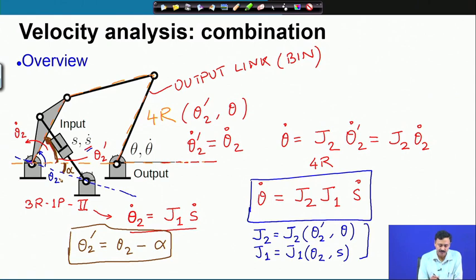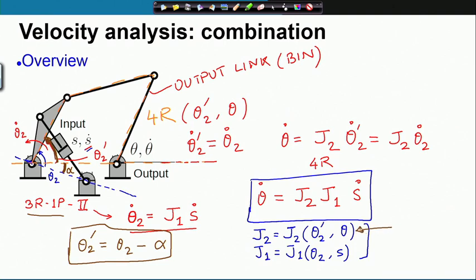Alpha is a fixed angle. This is the angle between the lines of frame of the 3R1P and 4R chains. So, therefore, we have a relation between theta 2 prime and theta 2, which we can use in this expression and get everything in terms of theta 2 and S.